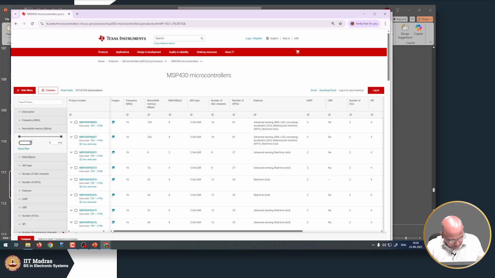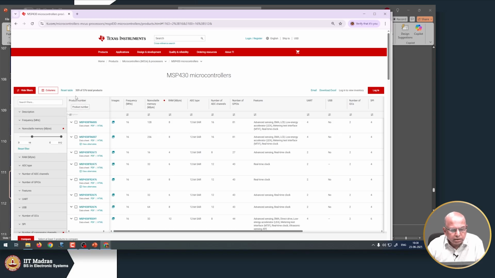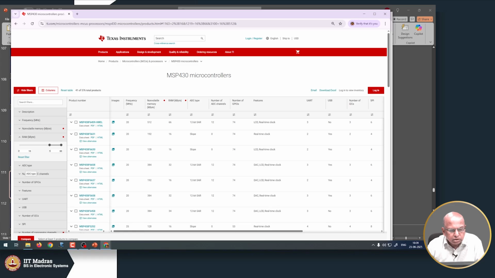Later, I can also select how much non-volatile memory I want. So, I can say that I need at least 16 kilobytes, and that reduces it. For the RAM, I can say I need at least 16 kilobytes. Okay. And I will continue, and now only 41 are left. Okay. And then I can go and look at each one of them and figure out what is the best product that will fit my requirements.